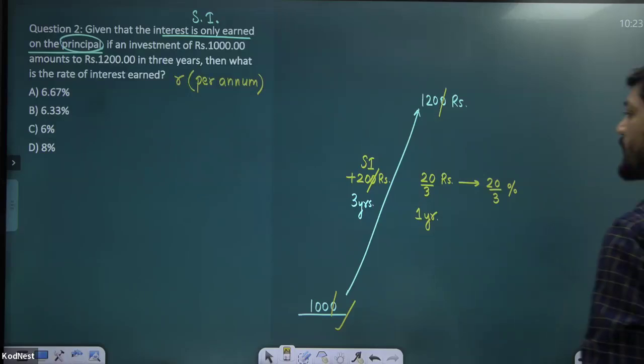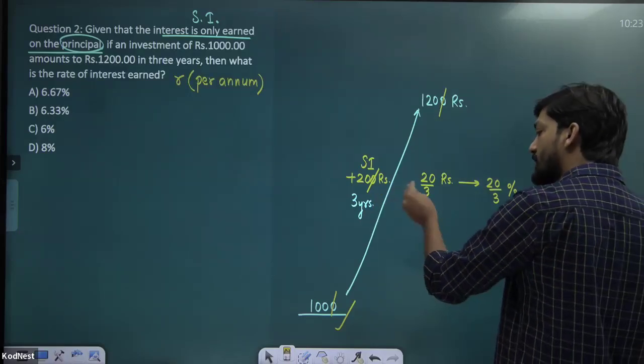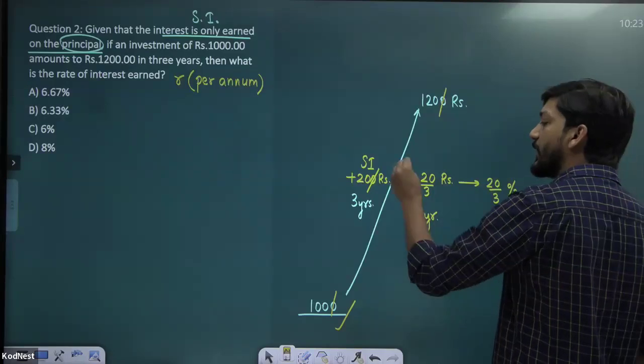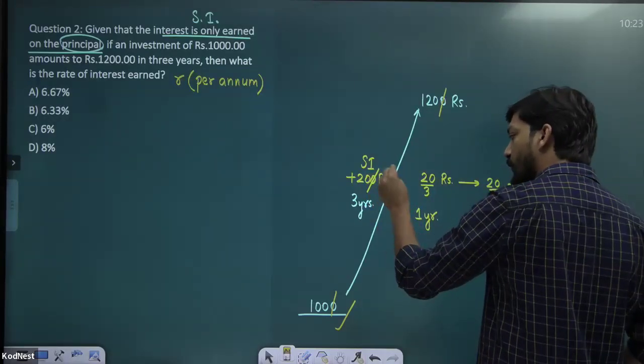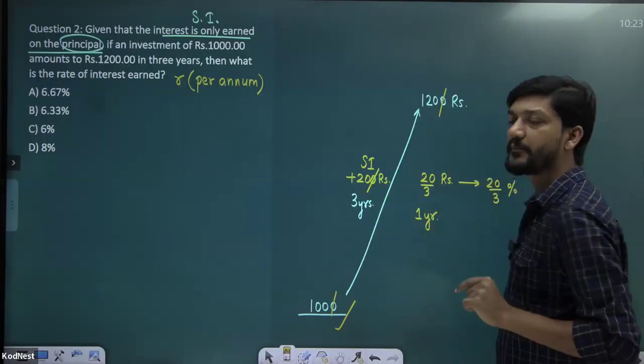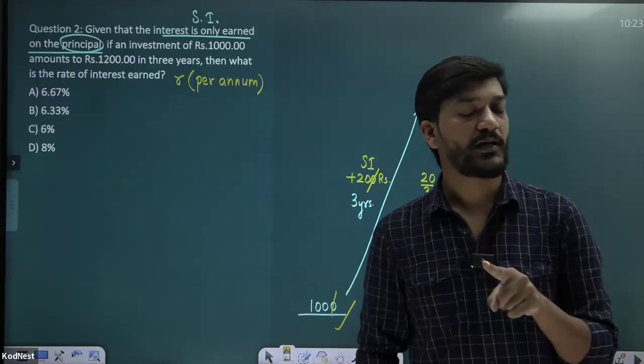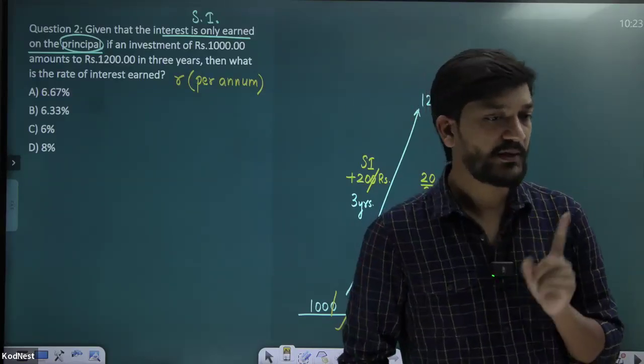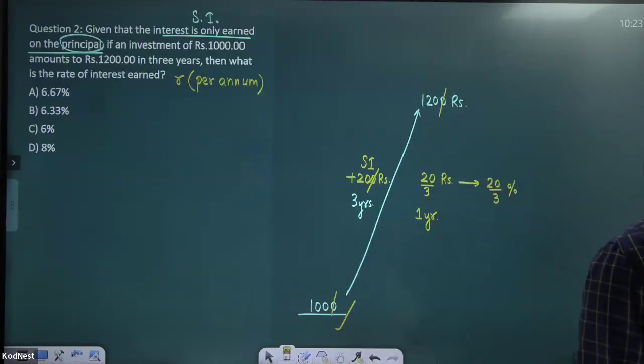So time should be 1 year means we have to think of interest of 1 year, not 3 years. This is interest of 3 years. So for 1 year, it will be 20 by 3. If 3 years, it is 20. For 1 year, it will be 20 by 3. So 20 by 3% automatically it will become. So first cancel the zeros, then do it.